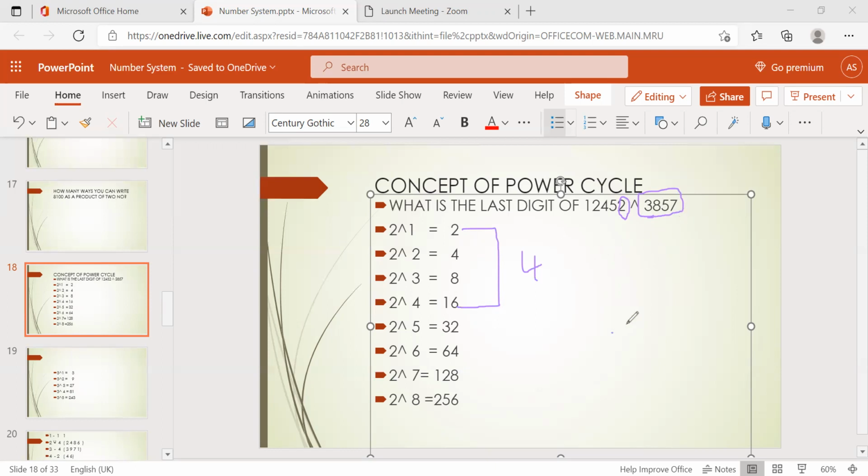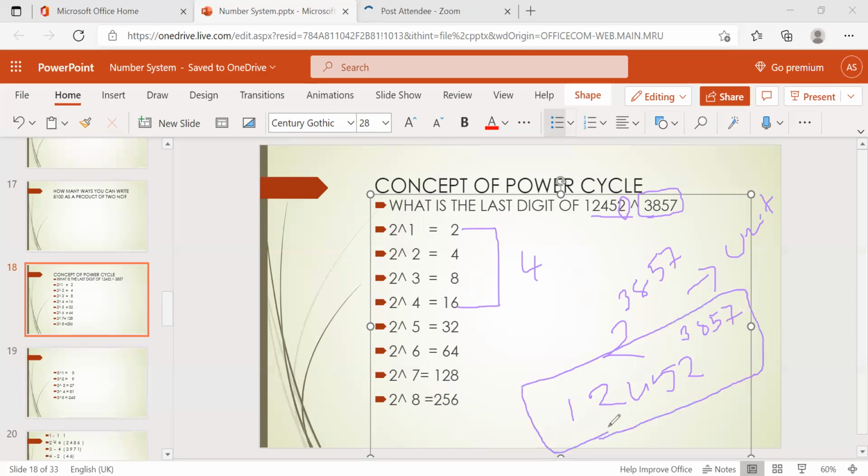2 power 3857 will give a number, and that last digit should be the unit digit of 12452 power 3857 also.